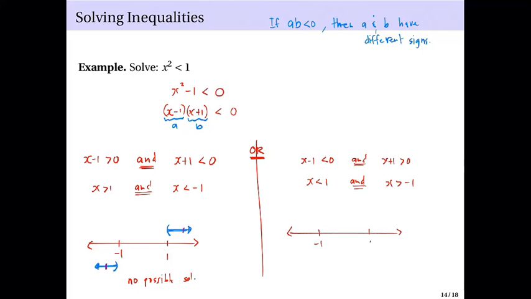This is your positive 1. You want your x less than 1. So this is the sketch of that inequality. But you want your x to be greater than negative 1. So this is now the sketch for that inequality.